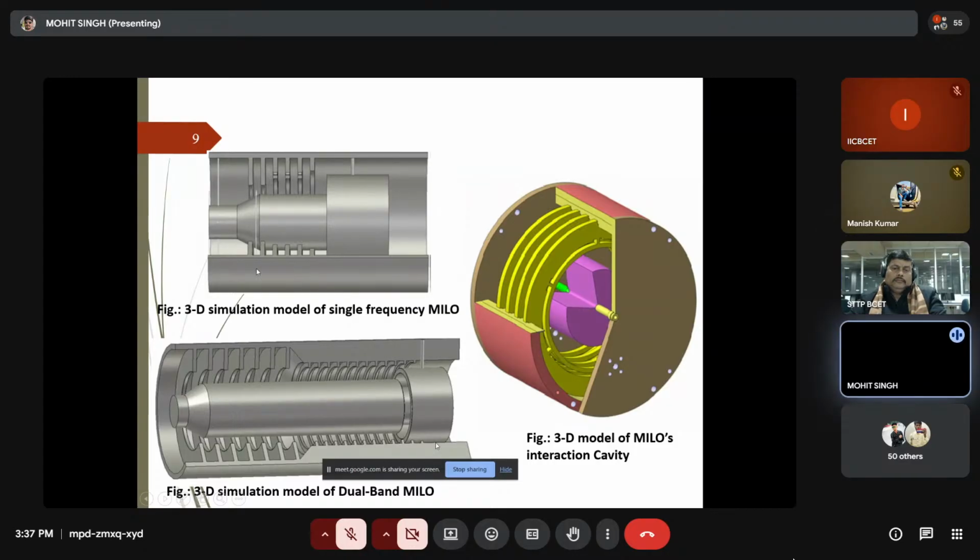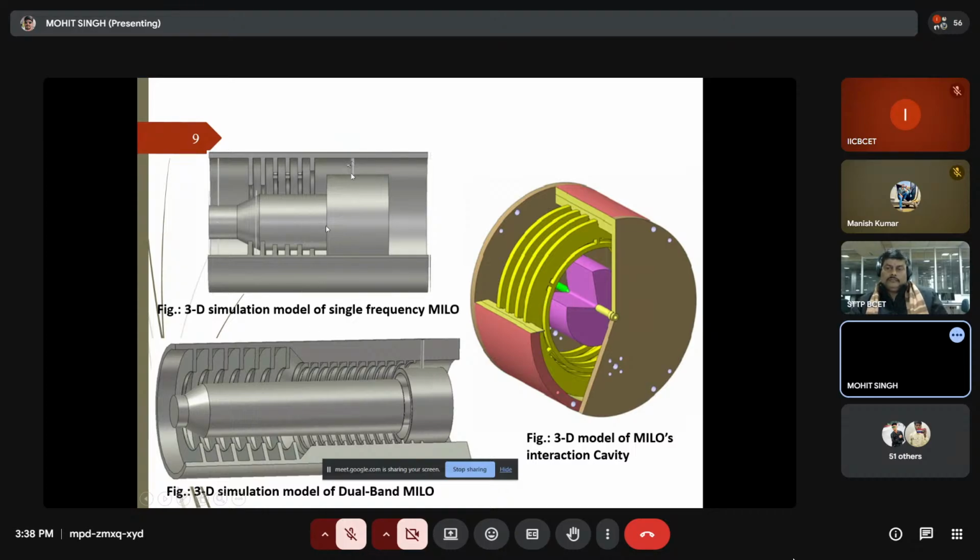This one is the inner cathode and the outer is the anode, and in the outer structure there are periodically spaced discs kept at a fixed period. At the end is the beam collector, and this one is the stub, which we have seen is connected to the beam collector.